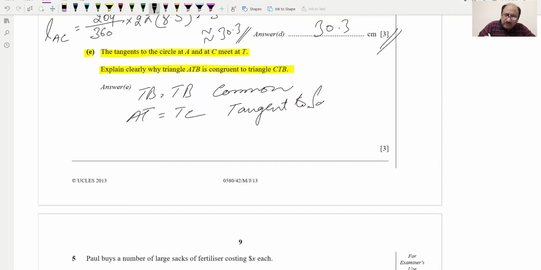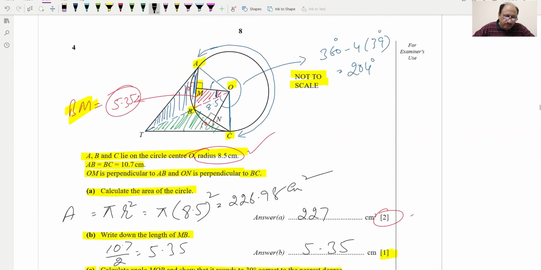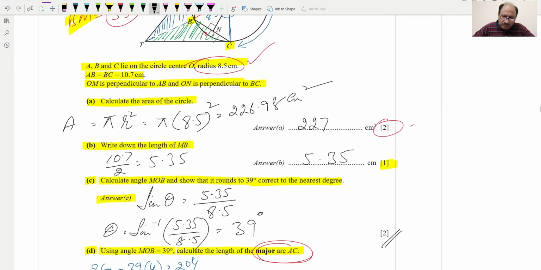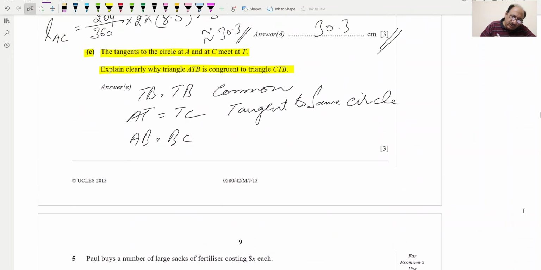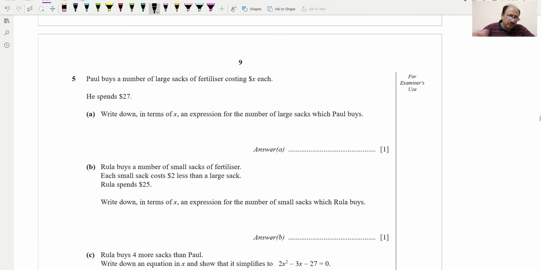And then we can write AB is equal to BC, which is given as 10.5 each. So this is the 3-mark part which we have done. Hopefully you understood this. Now we can move to question number 5.